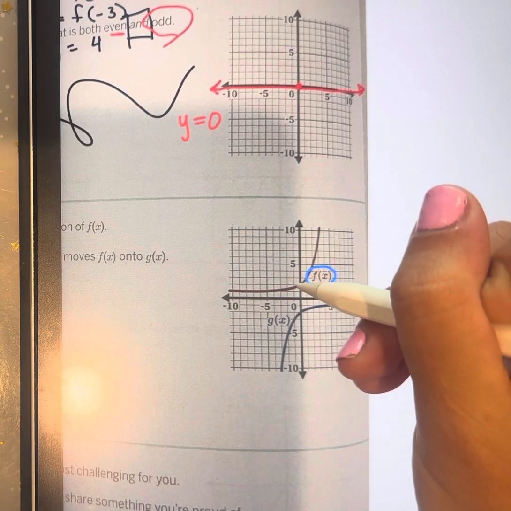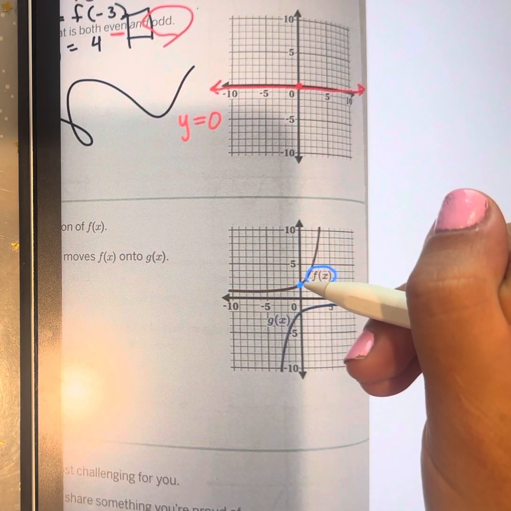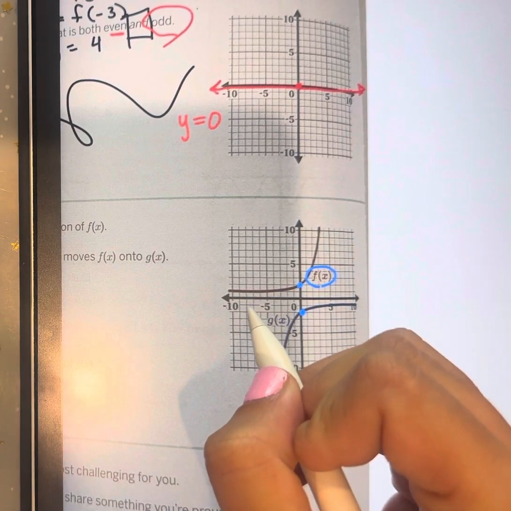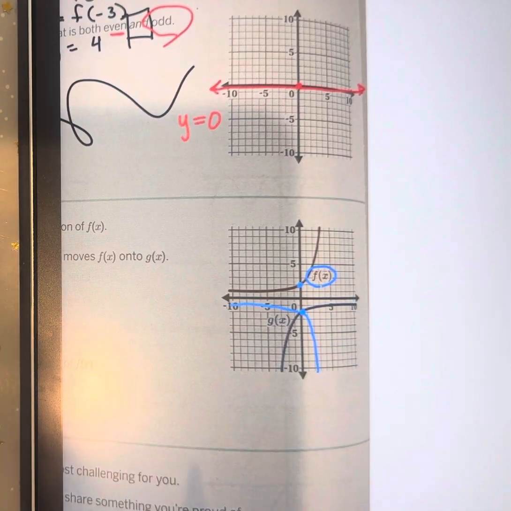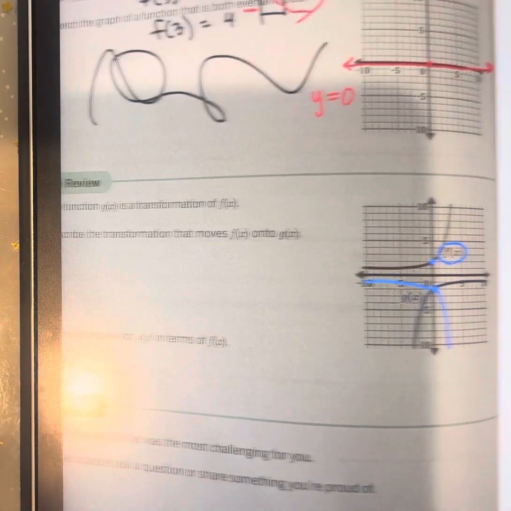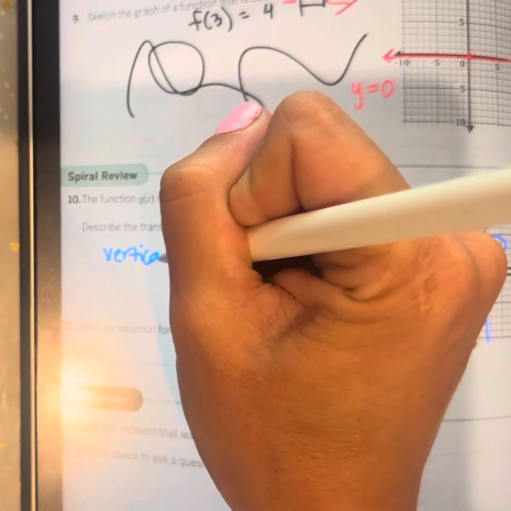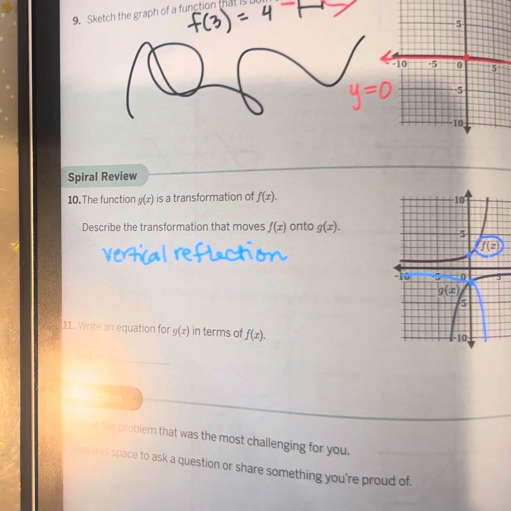So the first thing I'm going to do is flip this guy from being up 2 on the y-axis. It would flip to be down 2 on the y-axis. And then this part would flip like this. And that part would go like that. Okay. So a vertical reflection is happening. Okay.